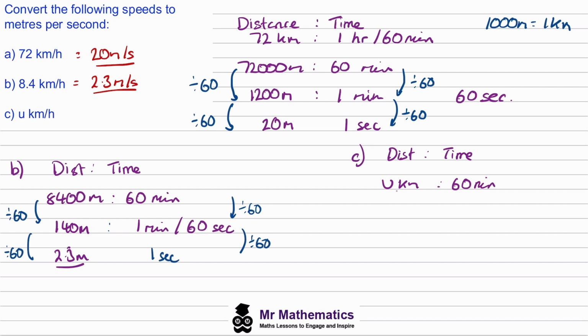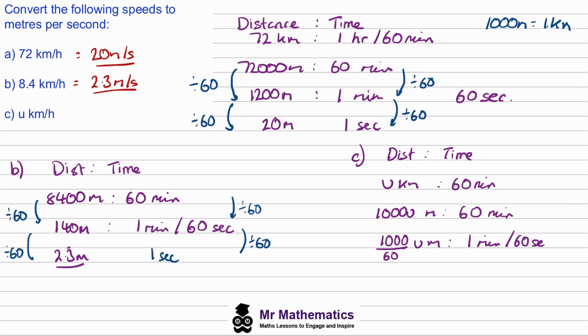So we multiply it by 1,000 and we get 1,000U meters every 60 minutes. To work out for 1 minute, we'll divide both sides of the ratio by 60. So we can write this as a fraction, 1,000 over 60 U meters every 1 minute.